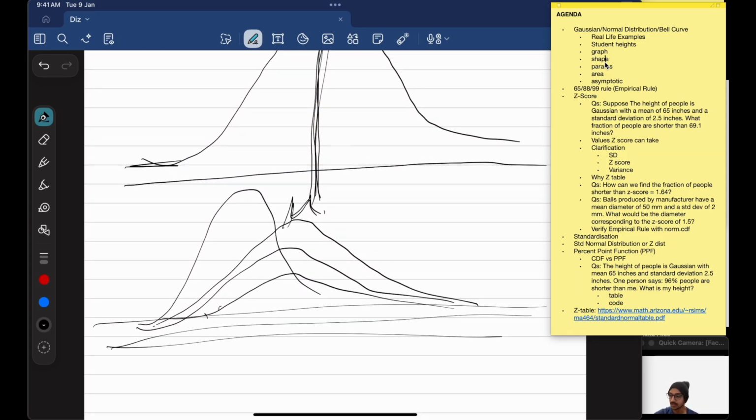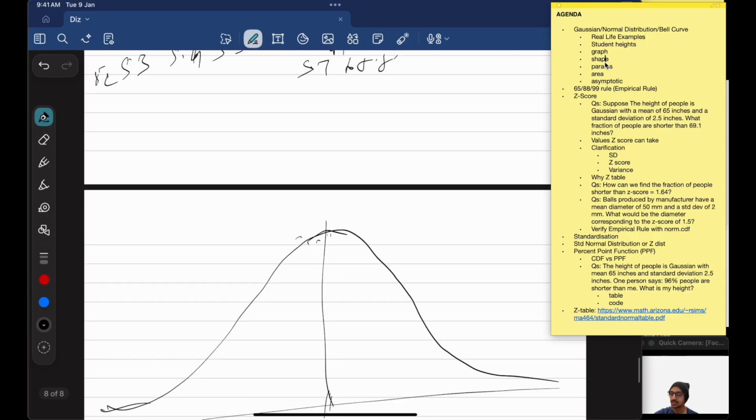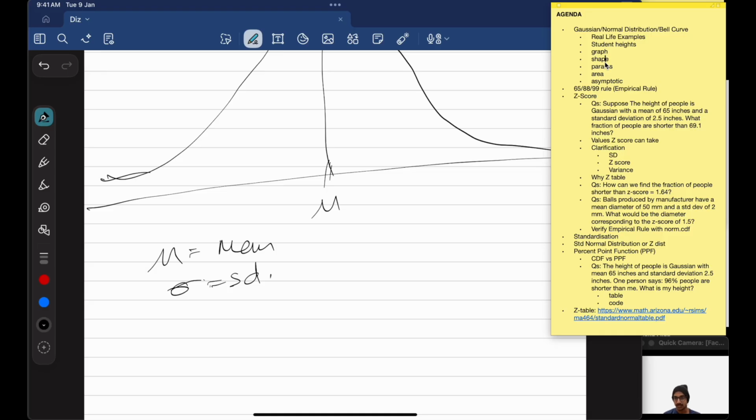I showed you here, it can be anything like these. All these are normal distributions, and there are infinite number of them. These are called a family of distributions. A family will have the same shape, but it can have different mu and sigma values.